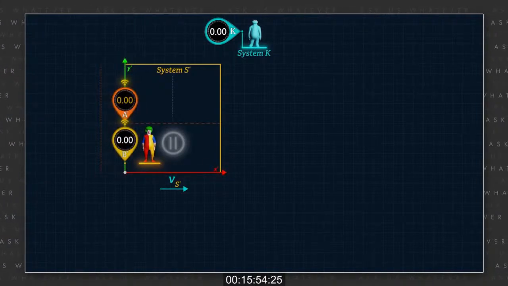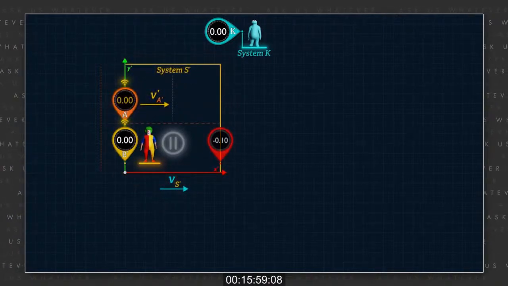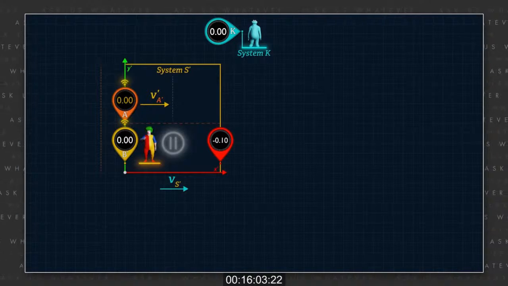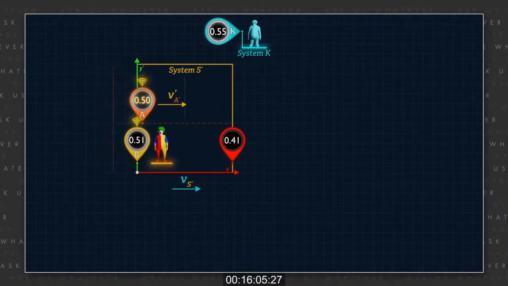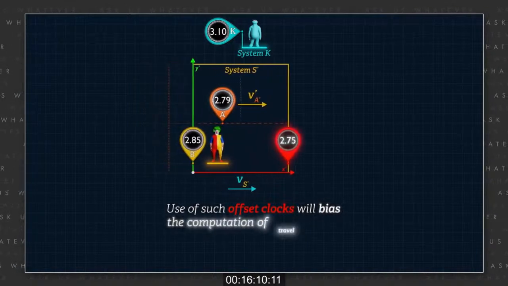Next, we'd like to measure the speed of clock A prime in system S prime without resorting to the use of distant clocks that have been offset with Einstein's clock synchronization method. Why? Well, it's not widely appreciated, but the use of such offset clocks will bias the computation of travel speeds.